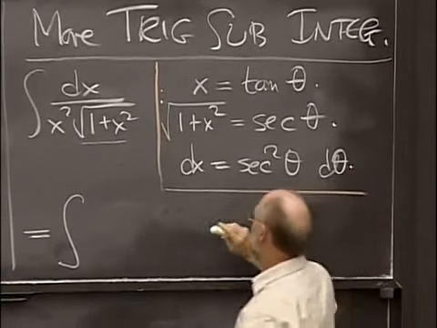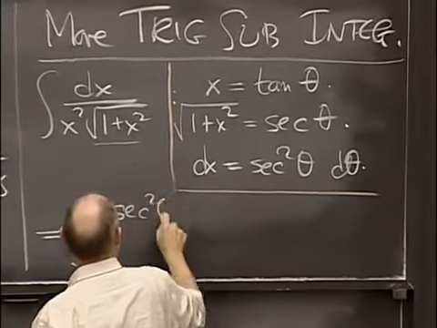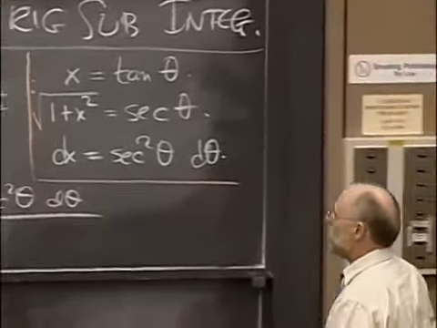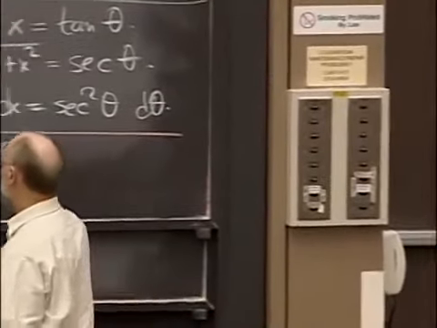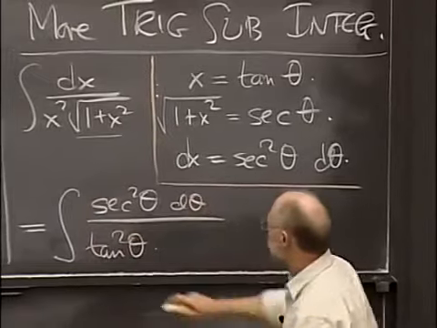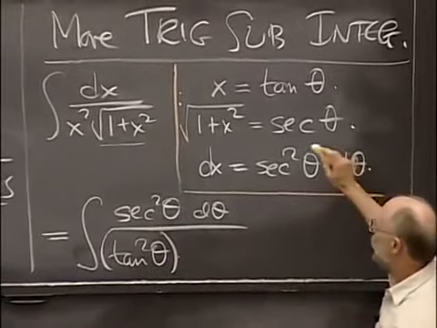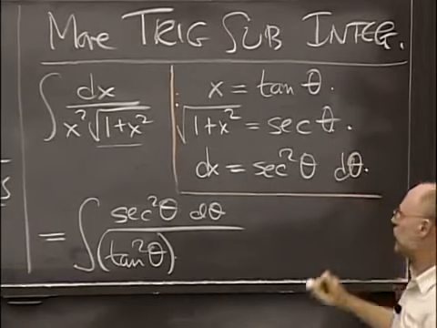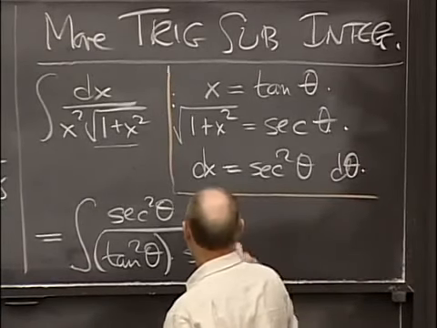So dx is in the numerator. That's secant squared theta d theta. And then the denominator, well, it has an x squared. That's tangent squared theta. And then there's this square root, and we know what that is in terms of theta. It's secant of theta.